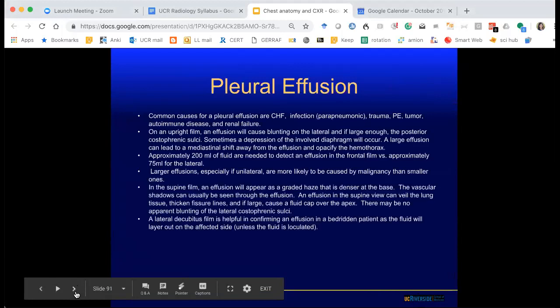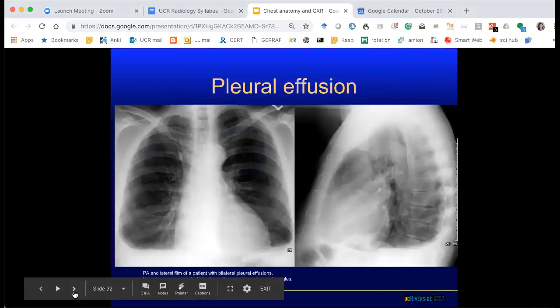Pleural effusion just means fluid in the pleural space, and there could be a lot of different kinds, right? The pleural fluid could be, again, water, blood, pus, anything, depending on the patient's underlying symptoms. But when we have pleural effusion, if the patient is upright, then we'll see blunting of the costophrenic angles like this, okay?